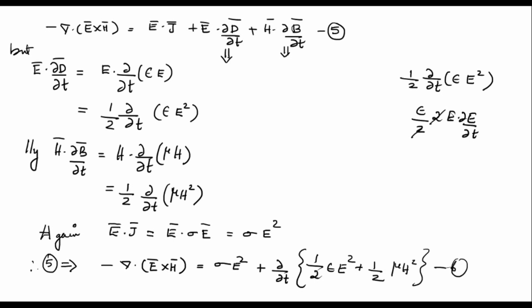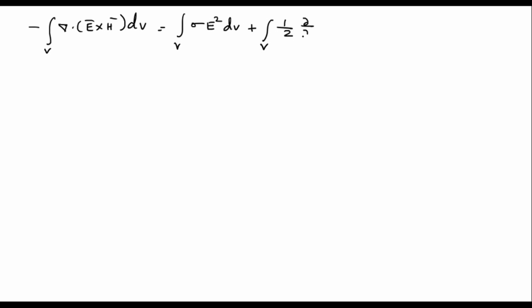Now taking volume integral on the right hand side and the left hand side, we are going to consider the volume integral here. That is minus integral over V, the same equation, del dot E cross H dV is equal to the volume integral of sigma E square dV plus integral over V half into dou by dou T of epsilon E square dV plus integral over V half into dou by dou T of mu H square dV.